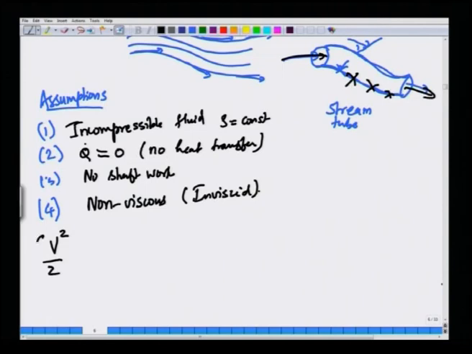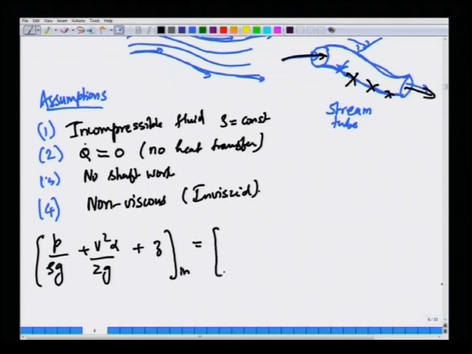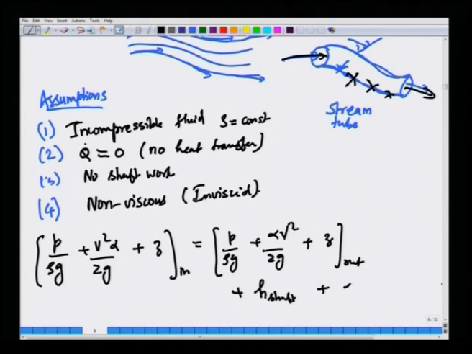So, let me write P by rho G first as usual, P by rho G plus alpha V squared by 2 G plus Z at in is P by rho G plus alpha V squared by 2 G plus Z at out plus H shaft plus H friction. This is the most general equation. Now, we are going to simplify this.